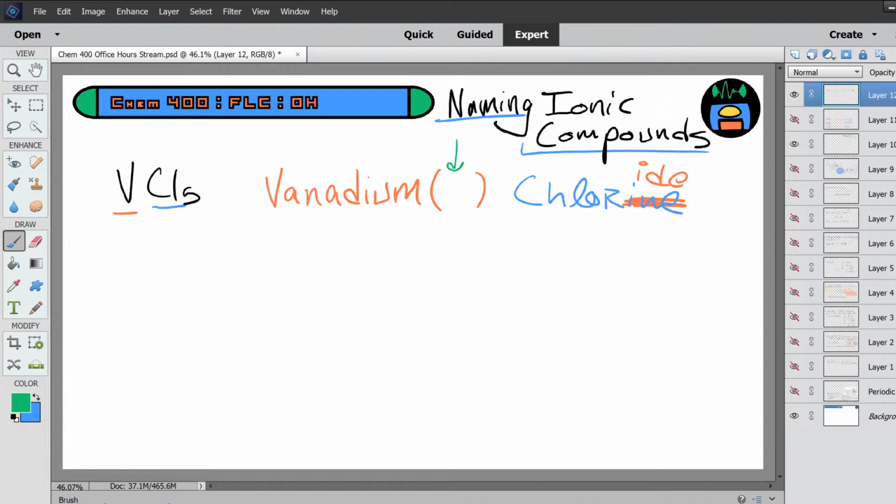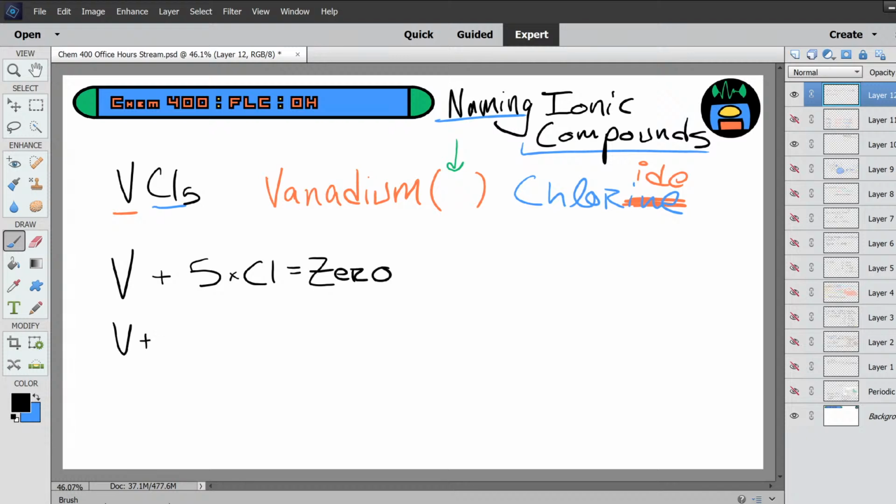And to answer that question, we need to remember that the charge on vanadium plus the charge of our 5 chlorines is going to be equal to the total charge of this compound, which is 0.